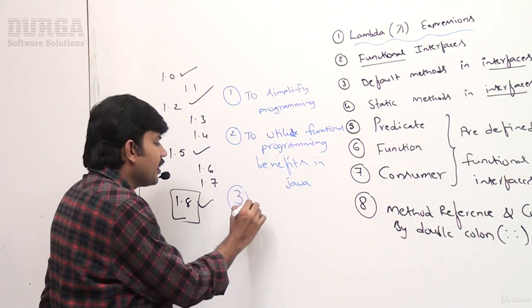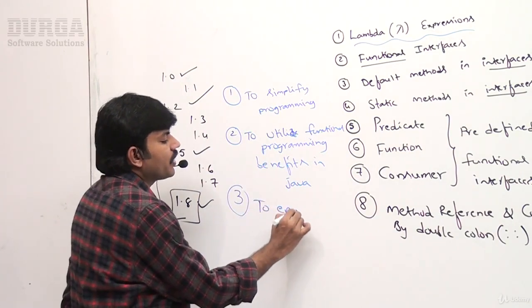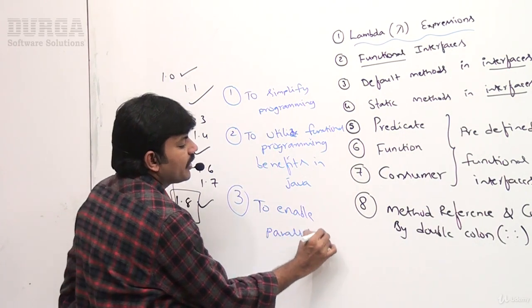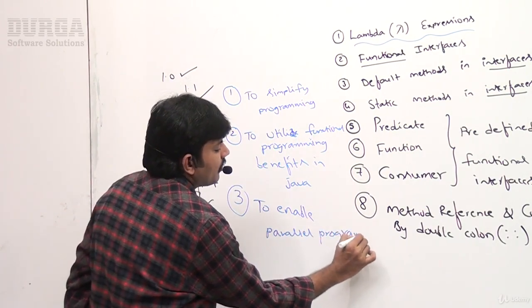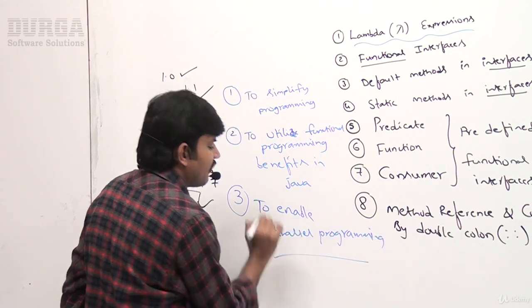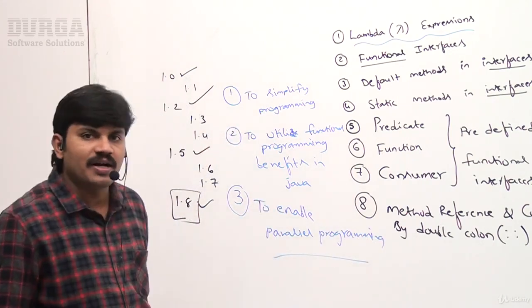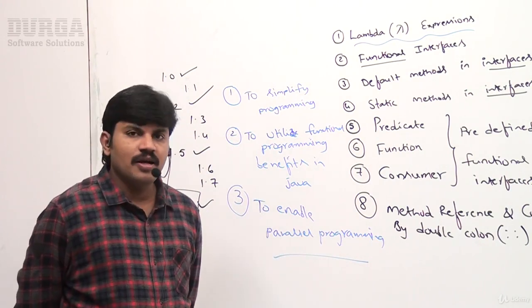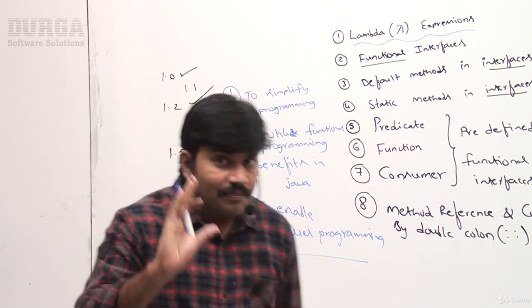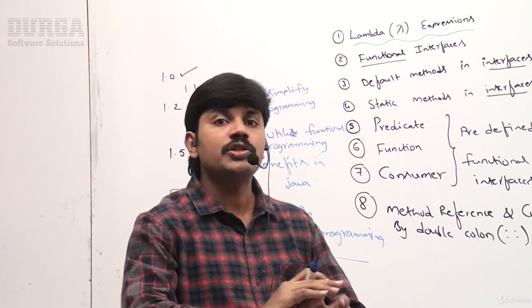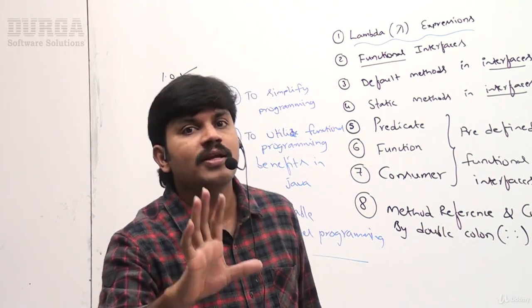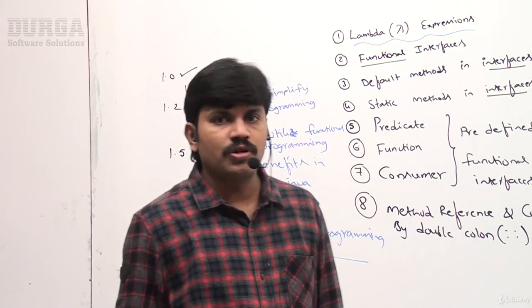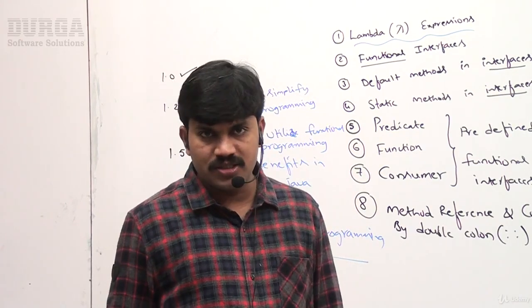To enable parallel programming or parallel processing in Java, Java 8 came into the picture. Now I can write more compatible code which is going to run on multi-core processors, so that overall performance is by default going to improve. Are you able to understand?